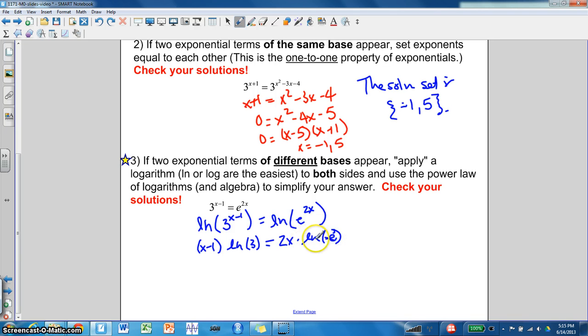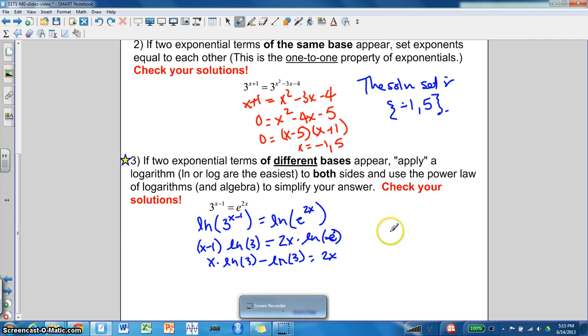Okay, but as natural log is base e of e, that just washes out, and that's just 1. So really, if I distribute here, I get x times natural log of 3 minus natural log of 3. This is equal to 2x.